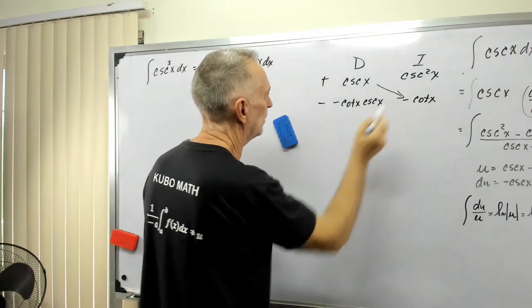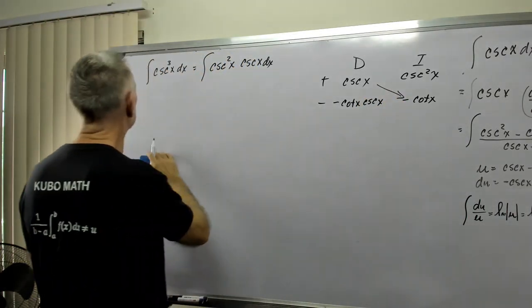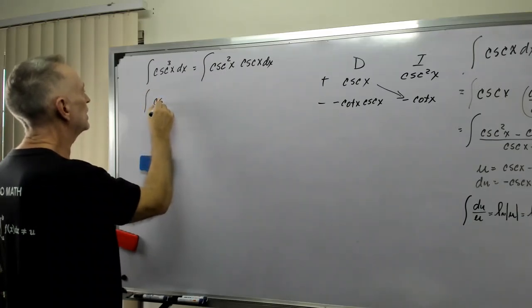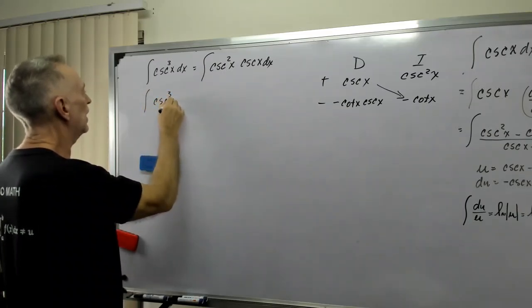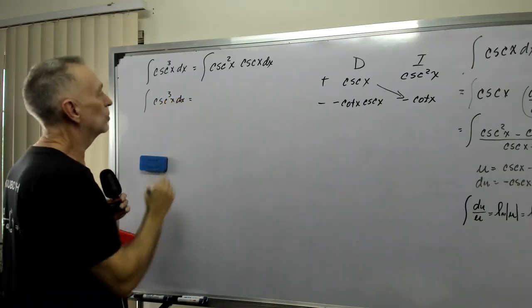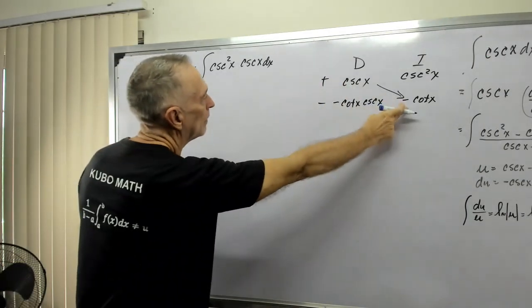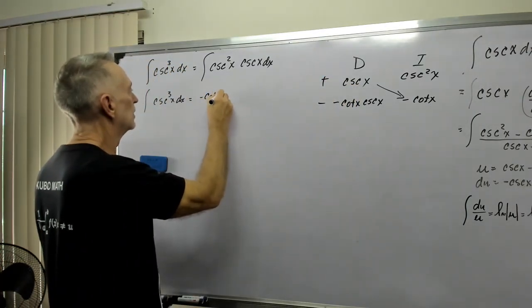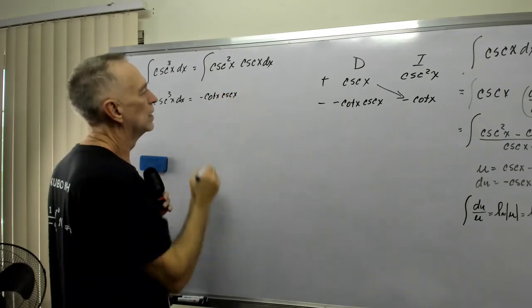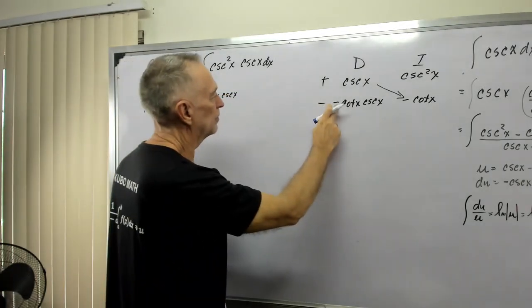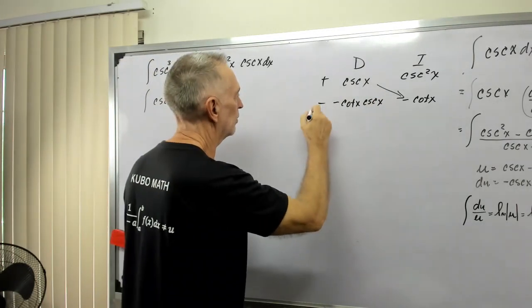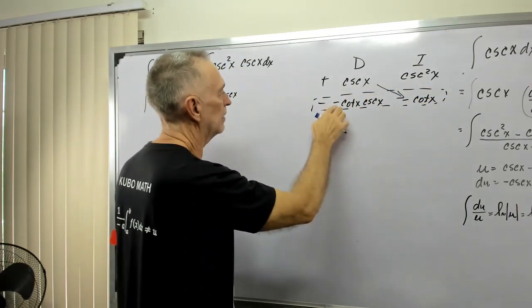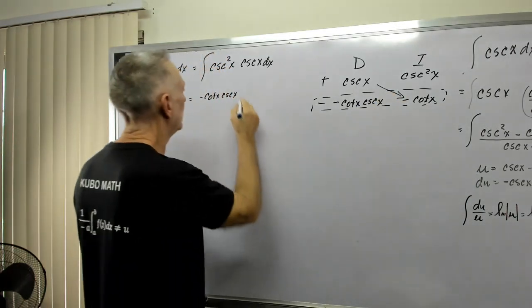Alright, you know the method. So now this would equal, so we have the integral of cosecant cubed x dx equals minus cotangent x cosecant x. And then we have a negative times a negative is a positive. We're going to integrate this row, by the way. Negative times negative is positive, times a negative is a negative.